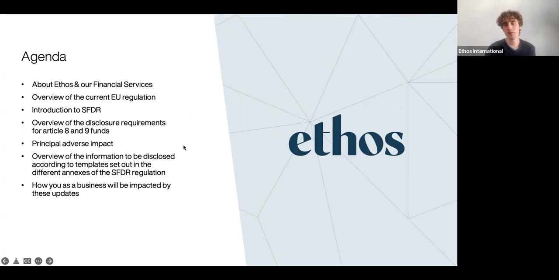Today we're going to talk about the Sustainable Finance Disclosure Regulation, which is the new or semi-new transparency regulation from the EU that has been placed on financial actors solely.